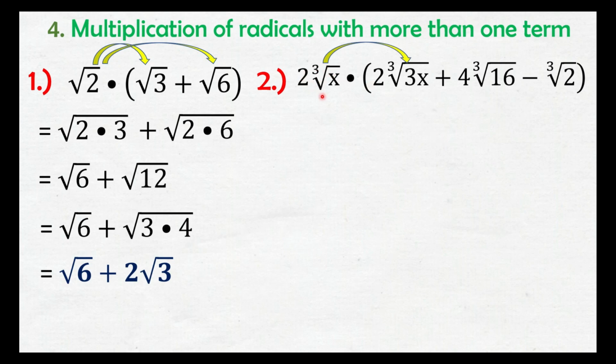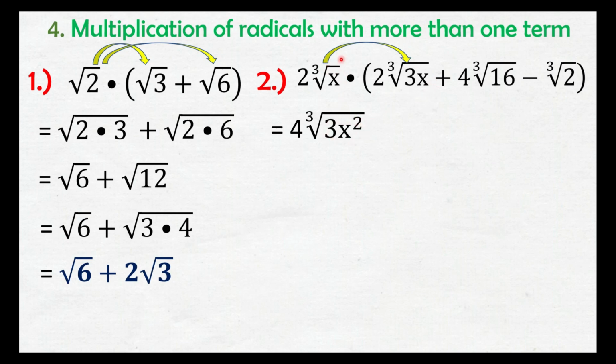So, 2 cube root of x times 2 cube root of 3x, that is 4 cube root of 3x squared. Yung coefficient natin na 2, minultiply natin dun sa coefficient niya dito, that is 4. Kaya nakuha natin 4 dito. And since magkapares naman yung indices dito, pwede natin i-multiply yung radicand nila. So, x times 3x, that is 3x squared.